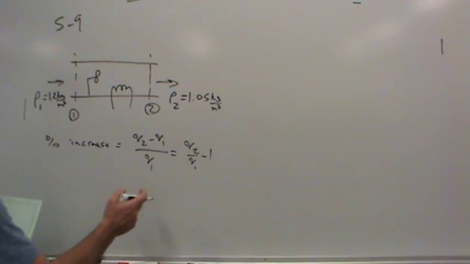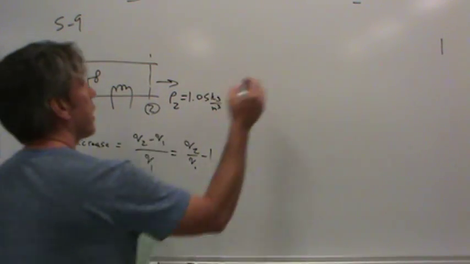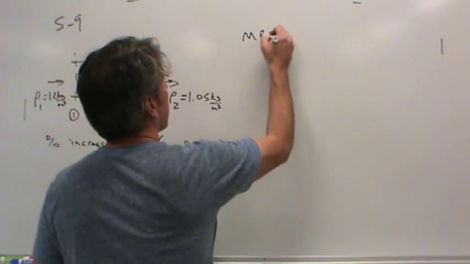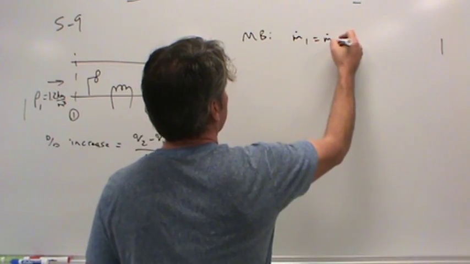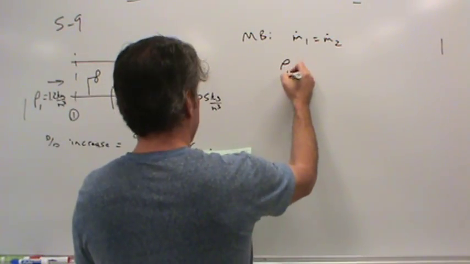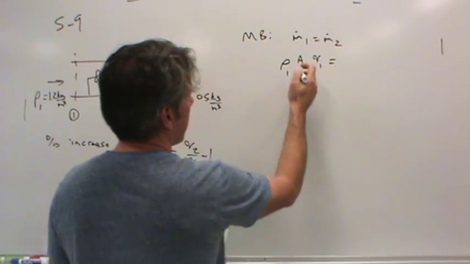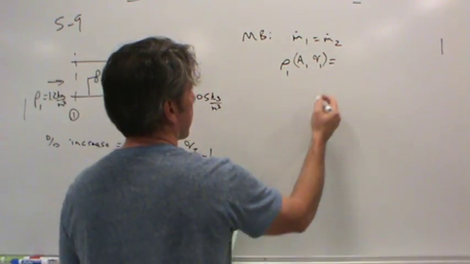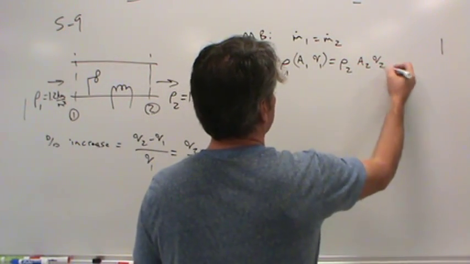So we just basically need the ratio between the inlet and exit velocity. Now the key here is to use a mass balance. The mass balance says that the mass flow rate coming in is equal to the mass flow rate leaving. Now we can expand this and say the density coming in times the area coming in times the velocity coming in, which is the volumetric flow rate, is equal to the density leaving, area leaving, velocity leaving.